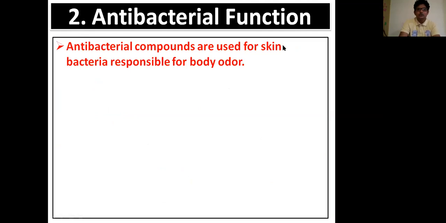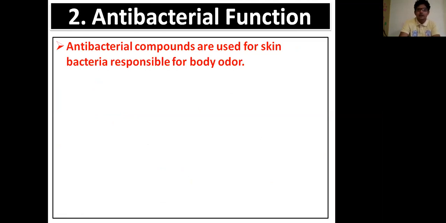Antibacterial compounds are used against skin bacteria responsible for body odor. Now again, as we explained, the skin bacteria react on sweat chemicals and convert the compounds into some odoriferous compound. So definitely if there are fewer bacteria, then there will be less production of the odoriferous compound.